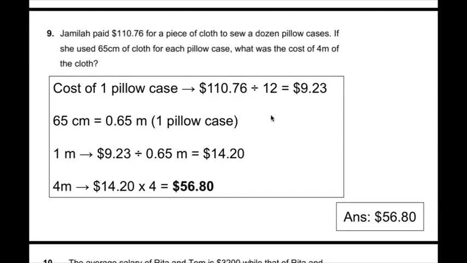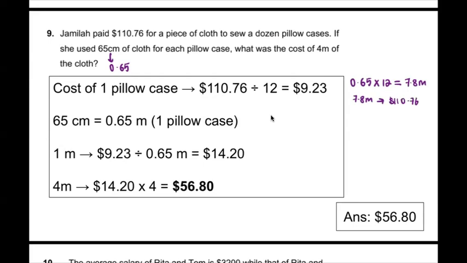So same thing, this would be in meters. So 1 pillowcase is 0.65. If you need to sew 12, you will use a total of 7.8 meters. Okay, so 7.8 meters would cost you $110.76.